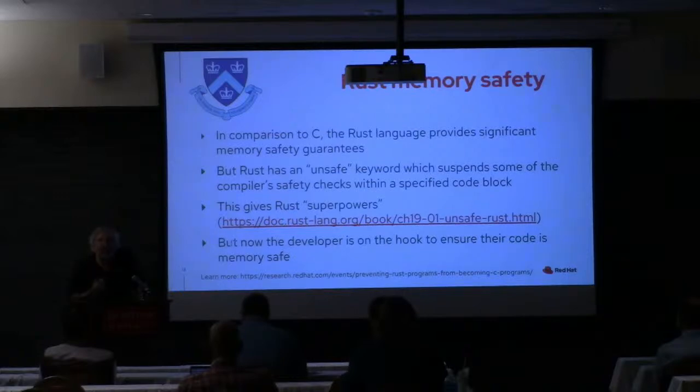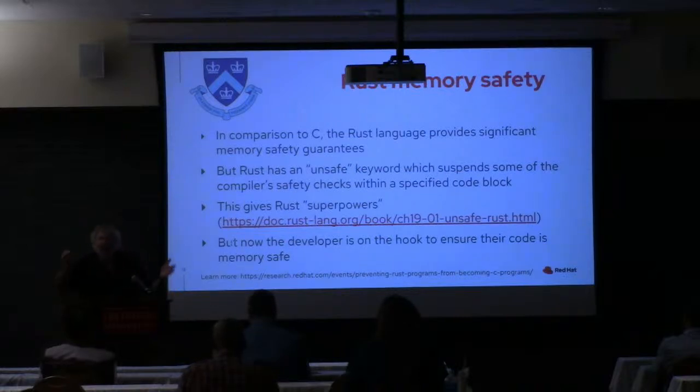So Rust was designed to be a low-level programming language, but one that from the ground up had significant memory safety guarantees. There's a project going on at Columbia that is working further on Rust, because Rust is memory safe for the most part, but it has an unsafe keyword which suspends some of the compiler safety checks within a particular code block.